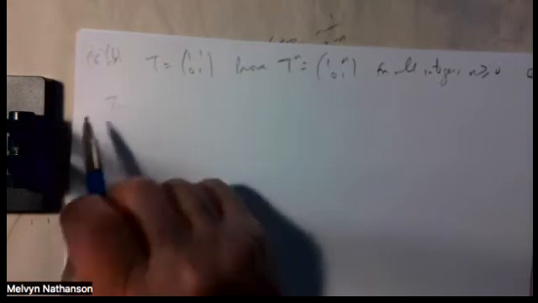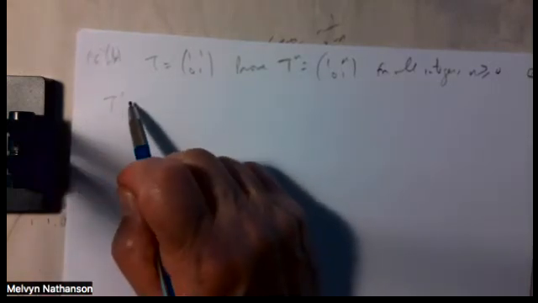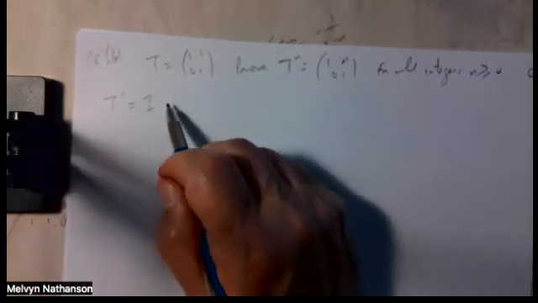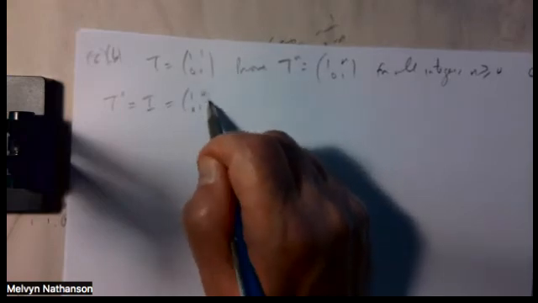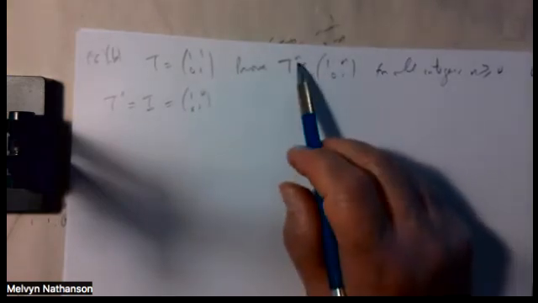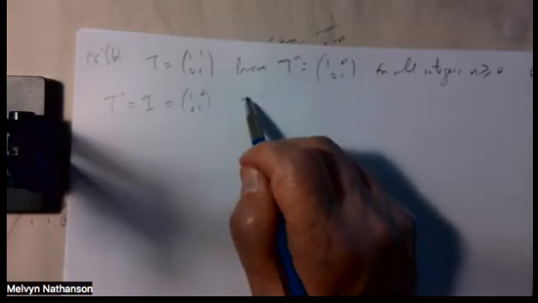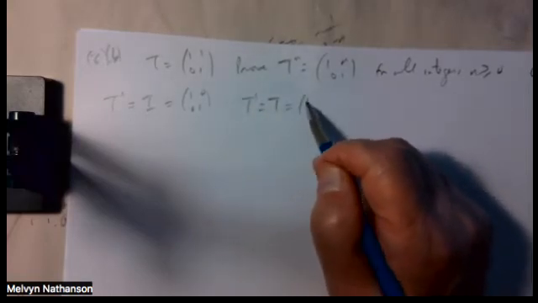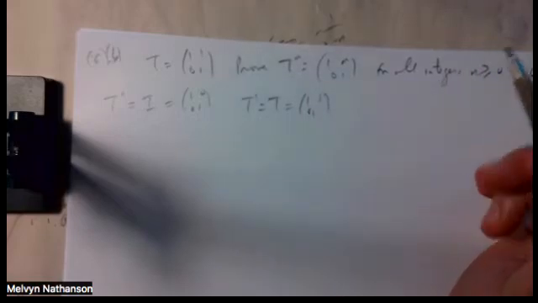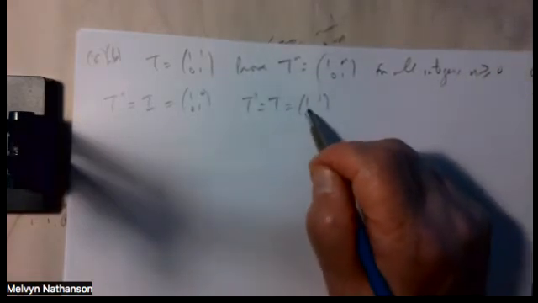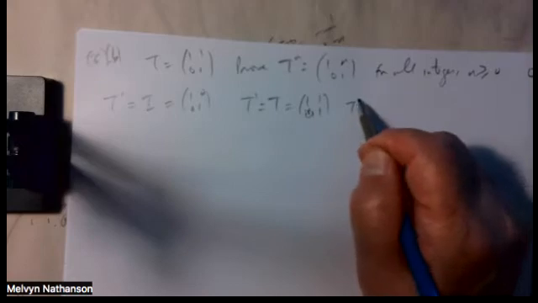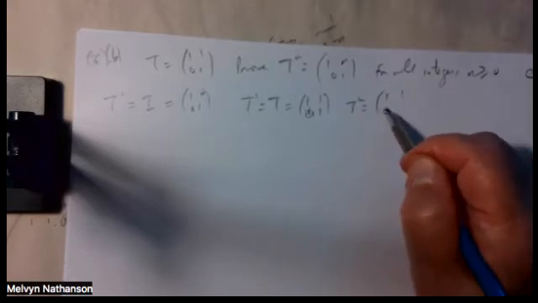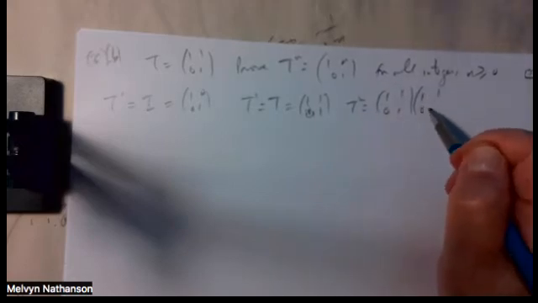Well, of course, T to the 0 always means the identity, which is 1, 0, 0, 1. So it's exactly this with n equals 0 here. And T to the first power is T, which is 1, 1, 0, 1.